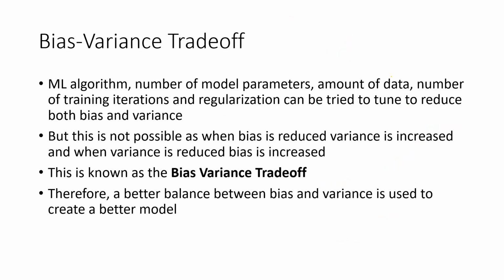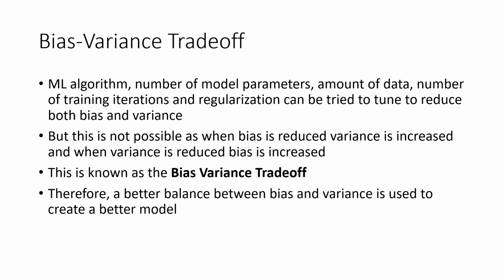Now we have discussed, and you might have already understood, that there's a trade-off between bias and variance. When you have a lot of parameters, you would reduce the bias, but you will get more variance. When you have more data, that would not be much of an issue. The number of iterations also has some effect on the fit, as we have discussed earlier, and regularization would also have an effect, which we will discuss later.